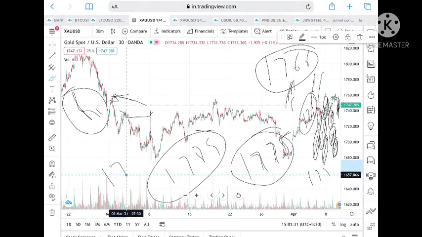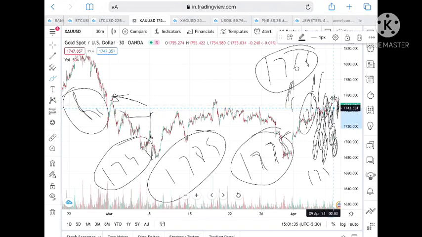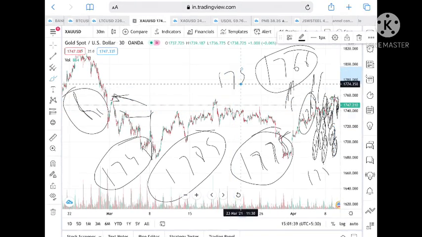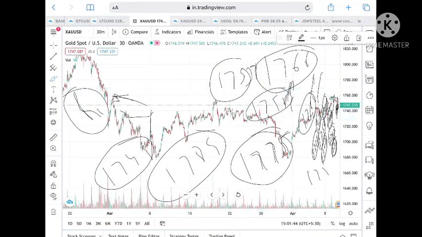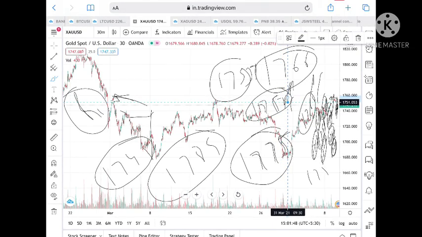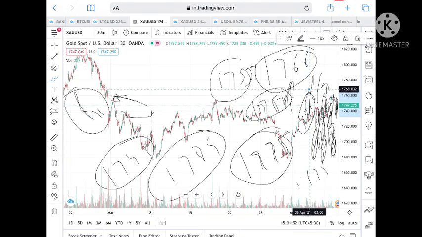But if it comes close to 1753 and crosses this level, then we'll be getting a target of 1758. But 1758 has been tested twice, though there is a probability that if it goes up and crosses 1759, we'll make our new target of 1761.